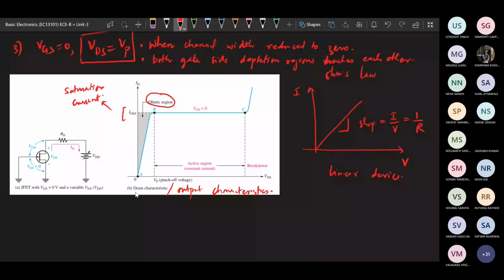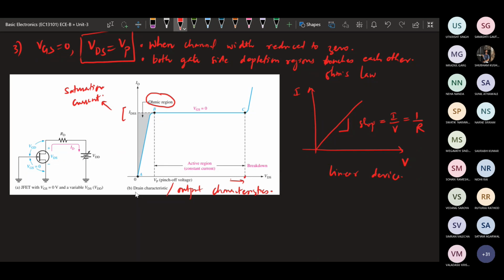So further, if we are increasing the VDS, there will be a point where the current passing through this JFET will suddenly increase. This sudden increase in the current will be due to the breakdown of the device, or breakdown of the JFET.